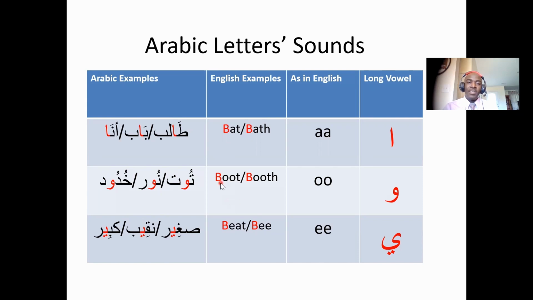Also for the second example, the sound of this B is bu, because the two vowels that come after the letter B determine the sound, whether it's ba, bu, or bee.